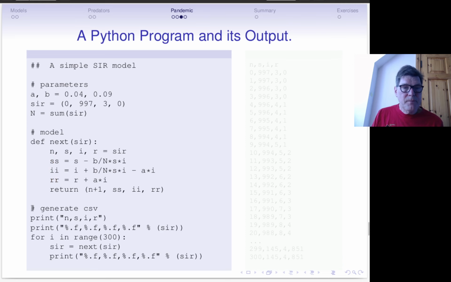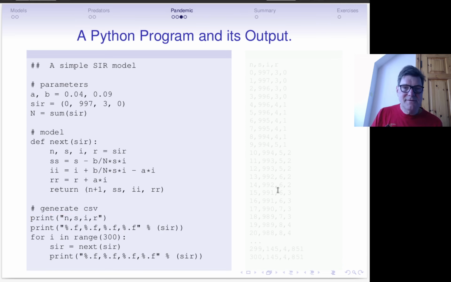And then this model can be used to iterate this process, say 300 times, compute new values and print them out into a file. Comma separated values, CSV. That's a common format which is understood between different applications.